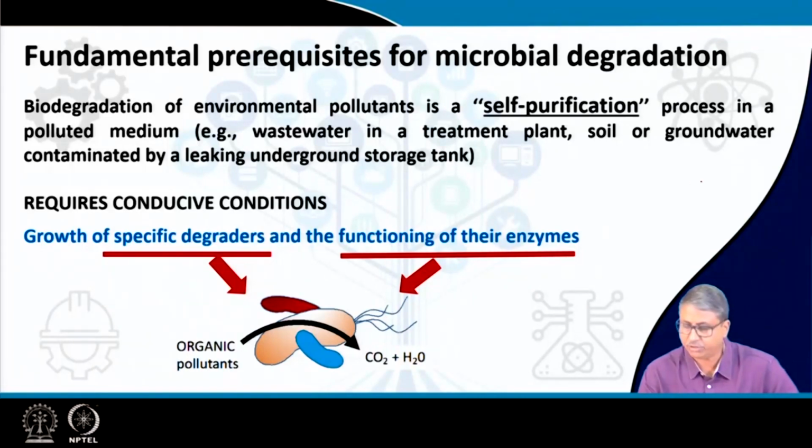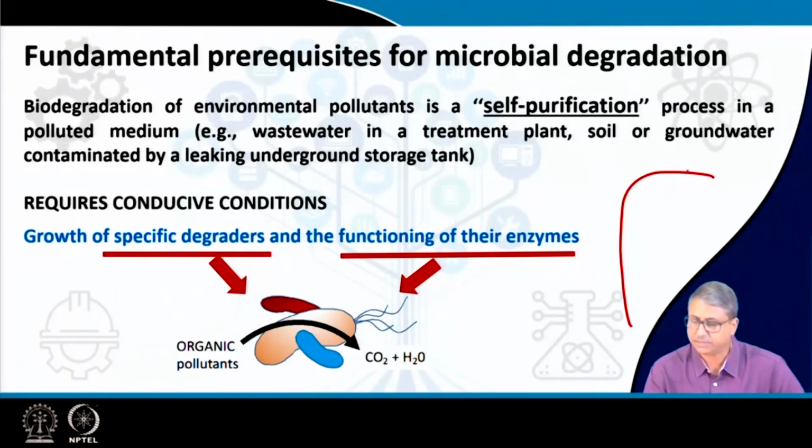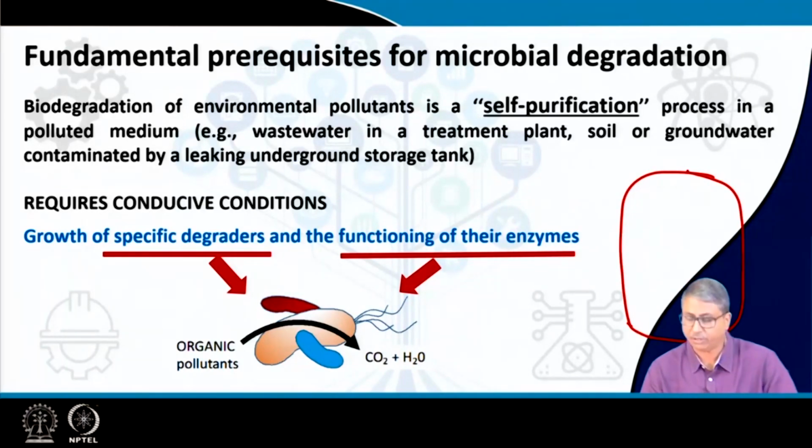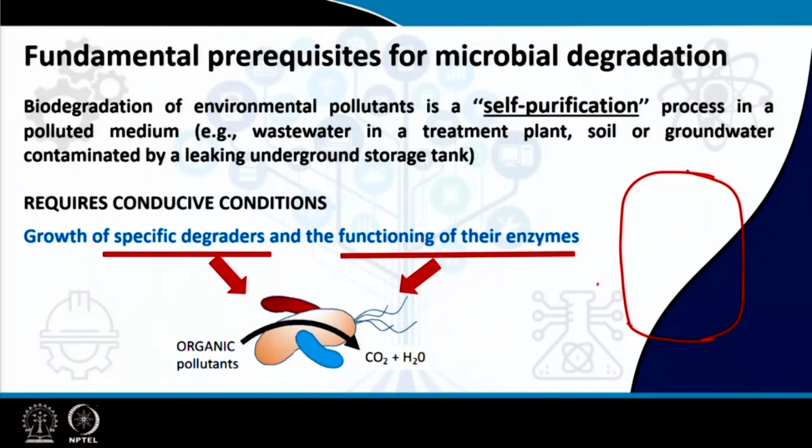So, ideally we imagine that this is a microbial cell, and this particular microbial cell, let us assume, is capable of degrading aromatic compounds like a benzene compound or phenol or toluene or xylene or some other polyaromatic compounds. So, this organic pollutant will firstly be taken up inside the cell, and the cell will try to act on that. So, these are the 2 points.